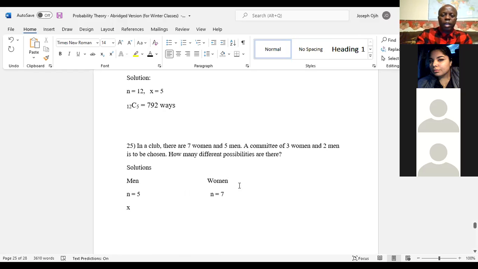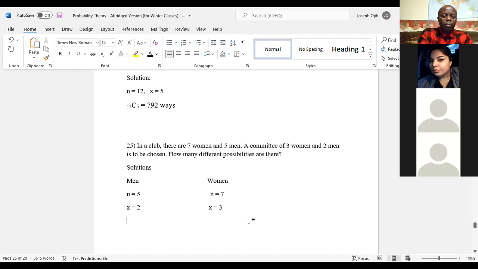X: a committee of 3 women and 2 men should be chosen. So for men, X is 2, and for the women, X is 3. So how many different possibilities are there?